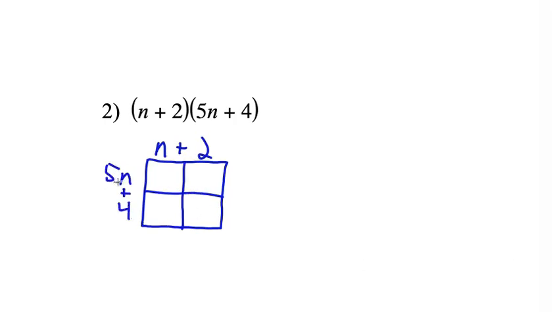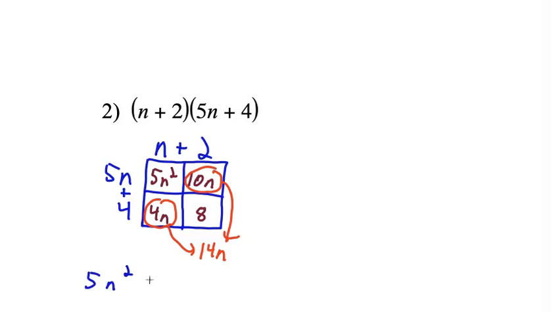And let's multiply 5n times n, 5n times 2, 4 times n, and 4 times 2. Let's combine our like terms, 4n plus 10n. And now we can write the product. We have n plus 2 times 5n plus 4 equals 5n squared plus 14n plus 8.